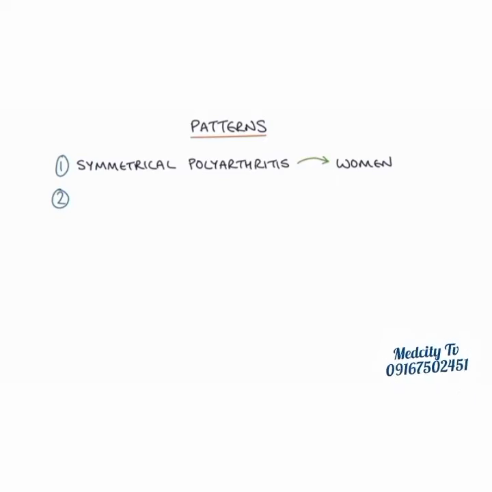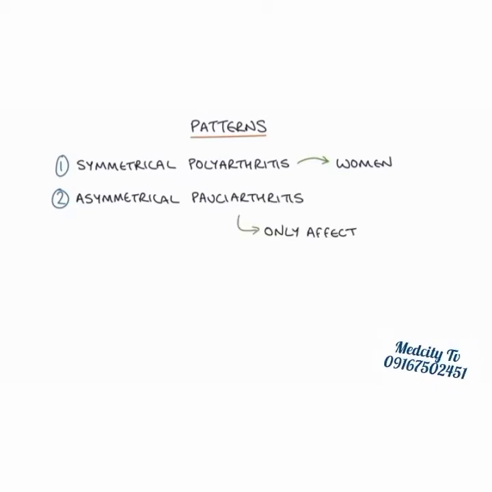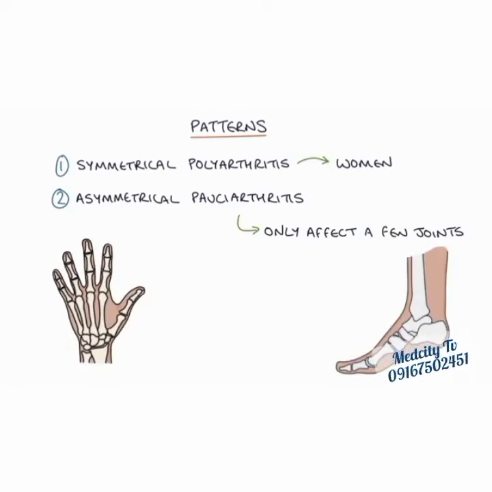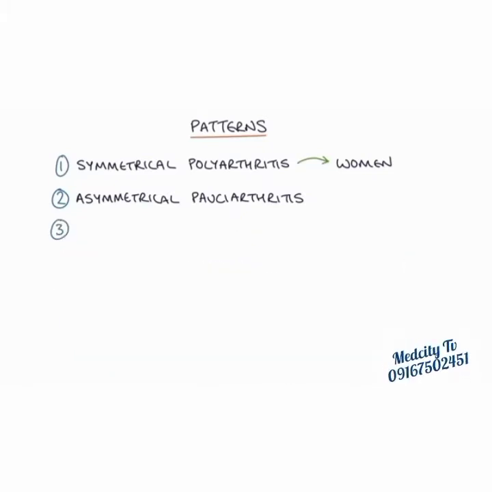Another classic pattern of psoriatic arthritis is an asymmetrical oligoarthritis. And remember, oligoarthritis is where they only affect a few joints. And this pattern typically affects the digits, so the fingers and the toes, and also the joints of the feet. And a final typical pattern of psoriatic arthritis is a spondylitic pattern.